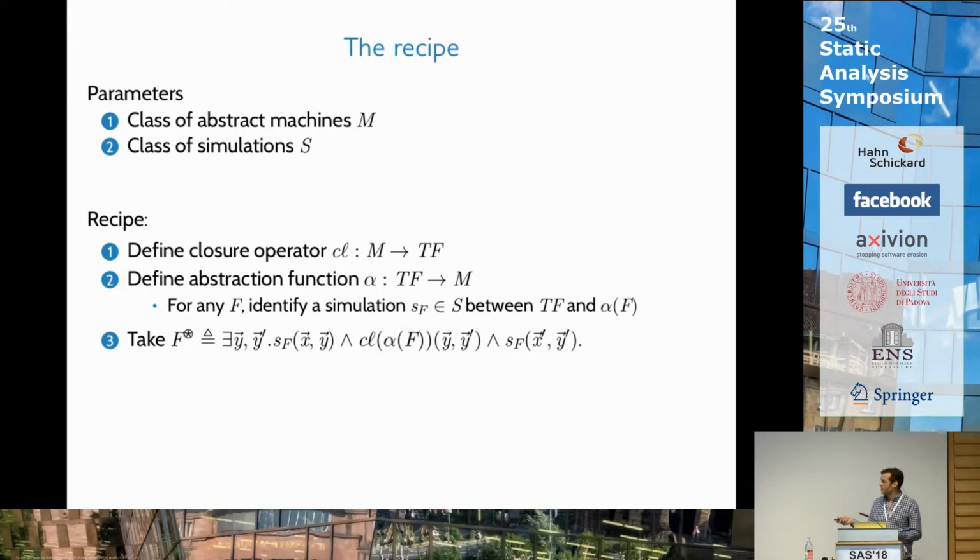And so there's some way to identify a simulation for any f between f and alpha of f. Finally, the way that I'm going to define my abstract transitive closure operator is this formula that we've already seen. All right. So this is the missing component of our compositional analysis. Once we define this iteration operator, we're done. This is a fully fledged program analysis.